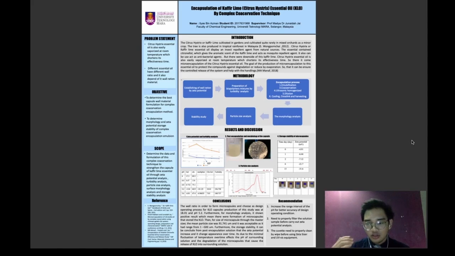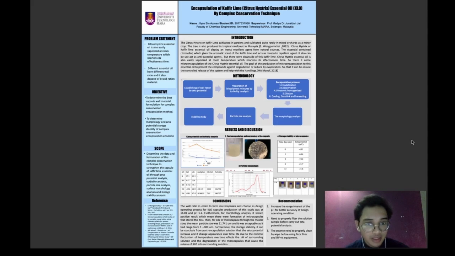In this study, we chose chitosan and gelatin as the wall material, but some other researchers have used materials like gum arabic. So every time we switch materials, we need to change the ratio of the materials.